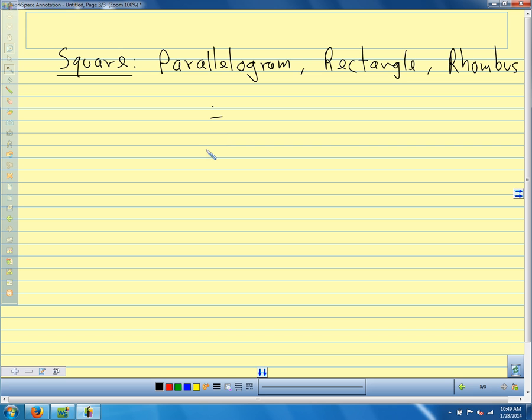And another thing that's special about the square, because all these are true, it has 4 right angles. That comes from because it's a rectangle, and 4 congruent sides.